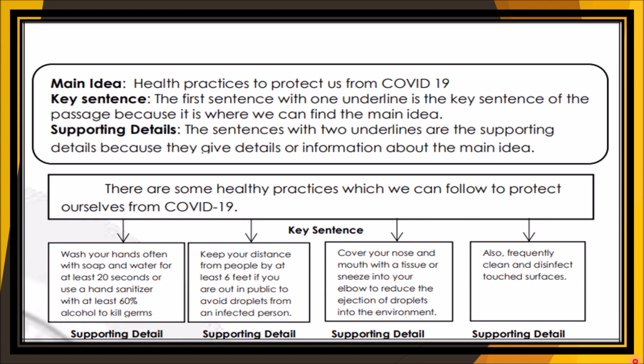Kaya that is supporting details. These are examples of supporting details. It gives information more about the main idea. And the key sentence there is the first sentence in the paragraph.